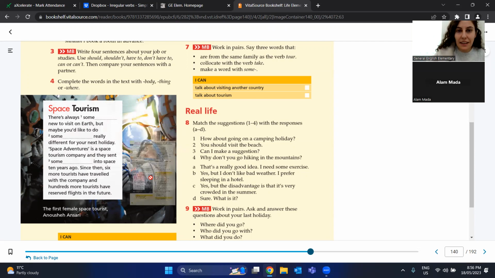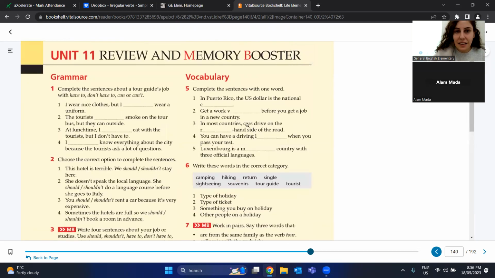Okay, so that was unit 11 and we looked at vocab for currency. I could see this one: in Puerto Rico, the US dollar is the national currency. Get a work visa.